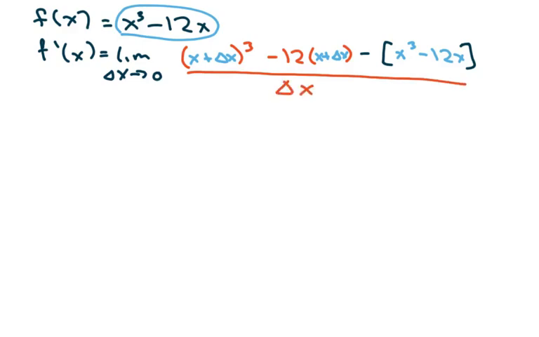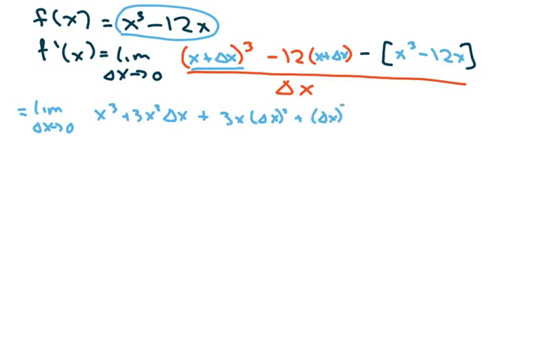Alright, so we're going to use our binomial expansion on this part. And that's going to give you x cubed plus 3x squared, that's your a, delta x is your b, plus 3x times delta x squared, plus then delta x cubed.